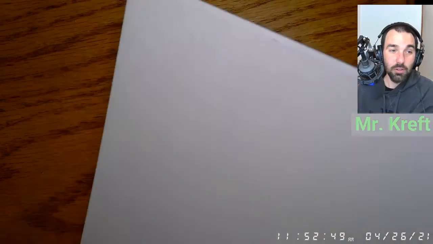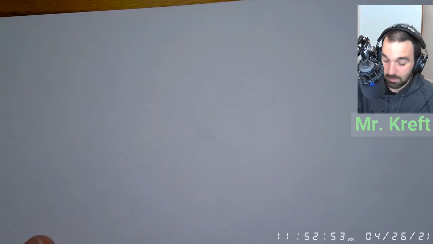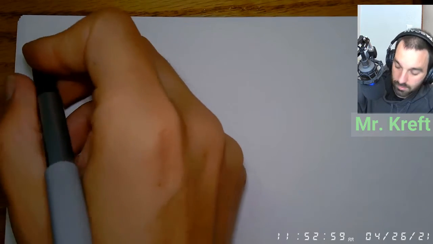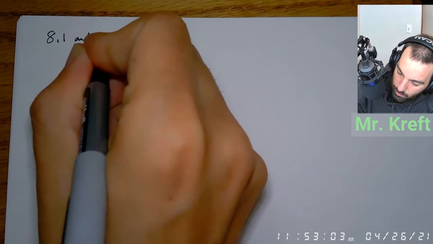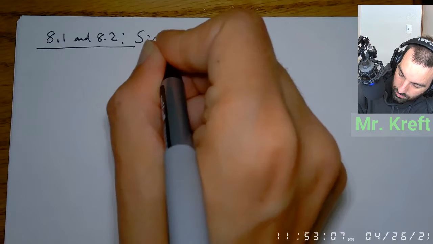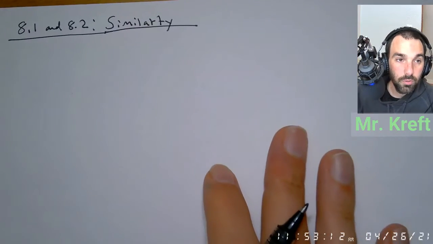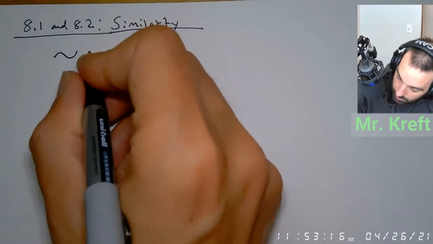All right. So I know this feels like a lot, but we only had 2 more things after congruent triangles. After congruent triangles came 8.1 and 8.2, and that was similarity. The symbol for similar is this.